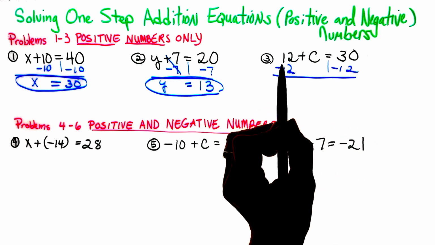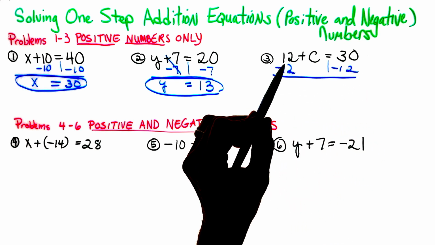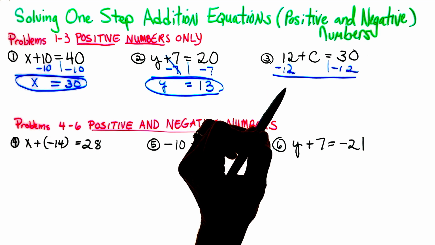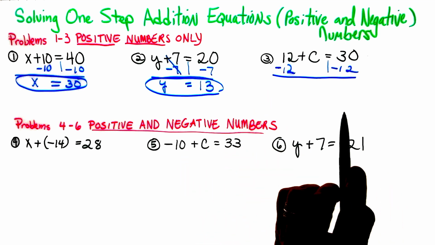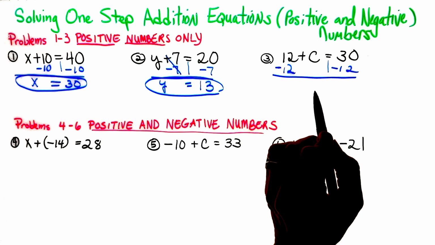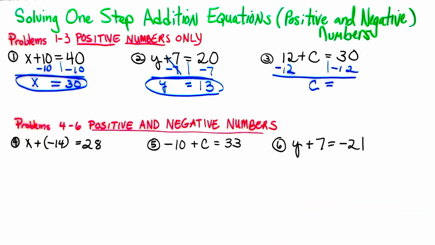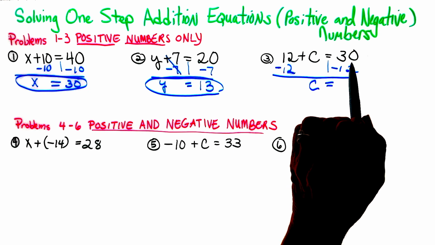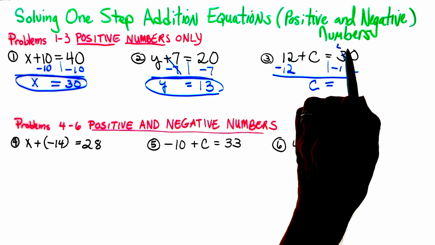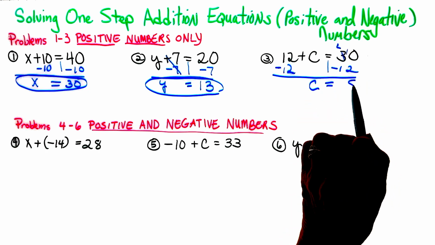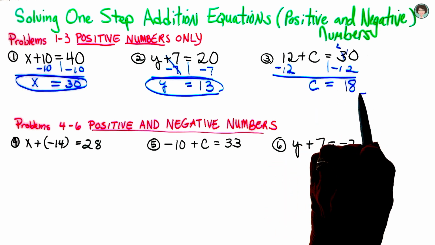And when I do that, again, I have $12, I spend $12, I don't have anything left. I don't have to put a 0 there. And this is plus c, so I'm just going to write c is equal to 30 minus 12. Yes, you need to do some regrouping, and it is 18.